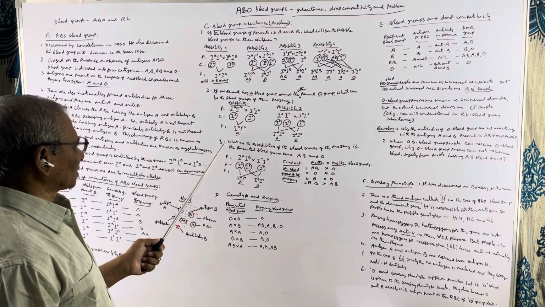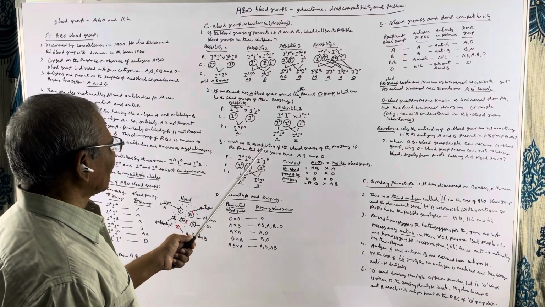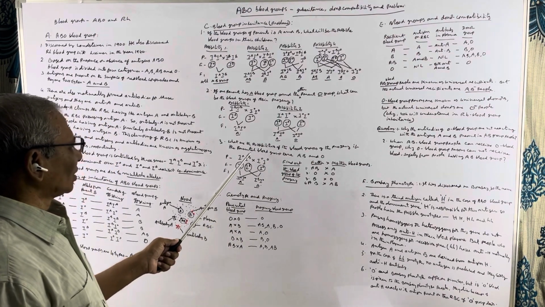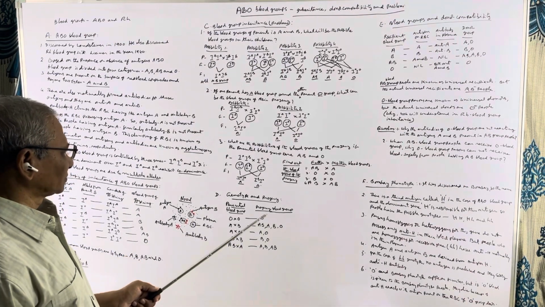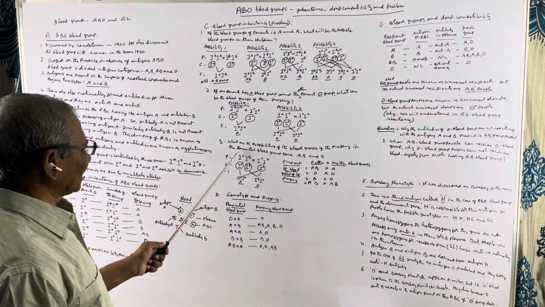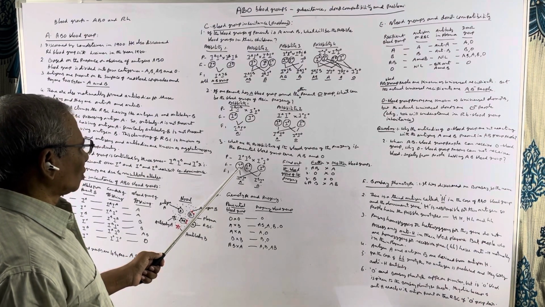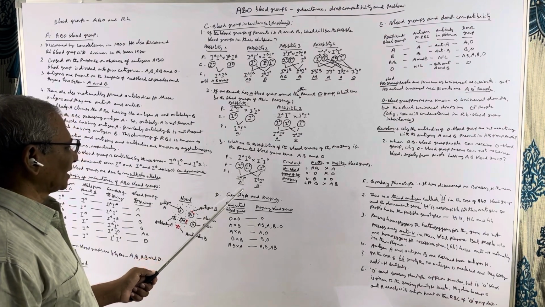I have given the third problem also. What are the possibilities of the blood groups of the progeny if the parental blood groups are AB and O? So here, one parent has AB blood group and another parent has O blood group. The parent having AB blood group produces two types of gametes. One gamete carries the dominant gene IA, other gamete carries the dominant gene IB.